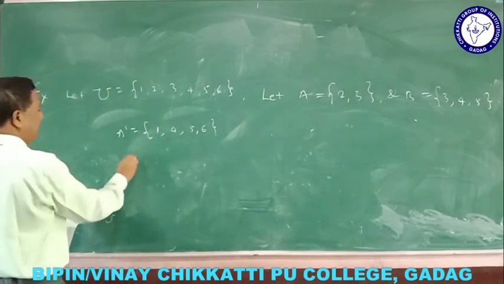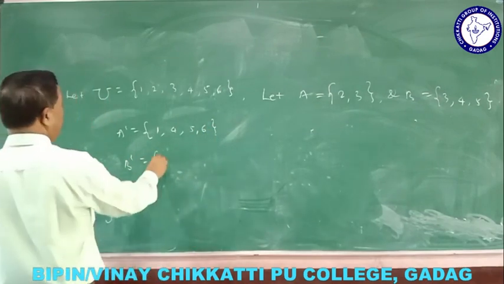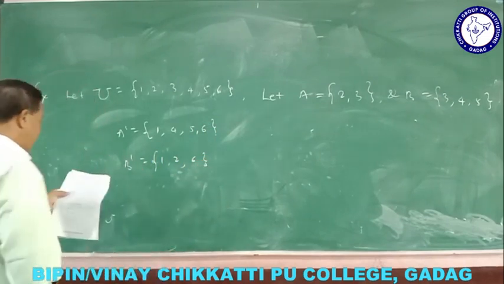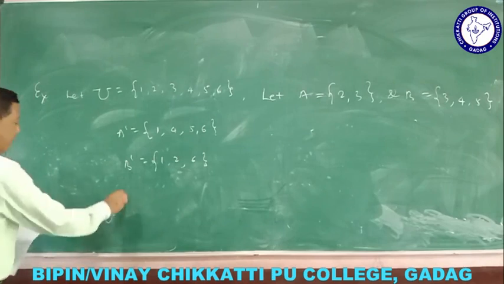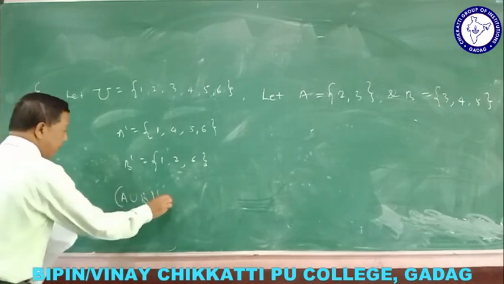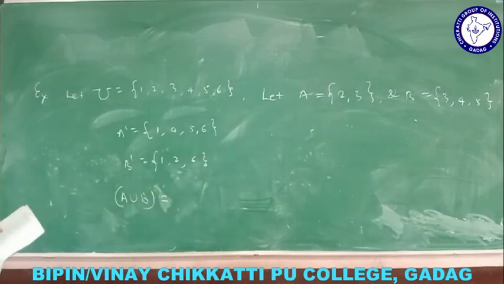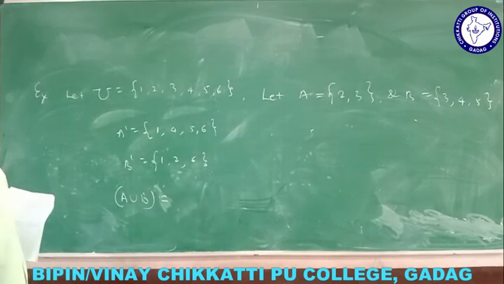And what is B dash? B dash means you have to drop out 3, 4, 5. So B dash is 1, 2, 6. And here you have to understand how to prove this: how are you finding A union B bracket dash? First you have to find out what A union B is. Then only you can see how other things can be done here.